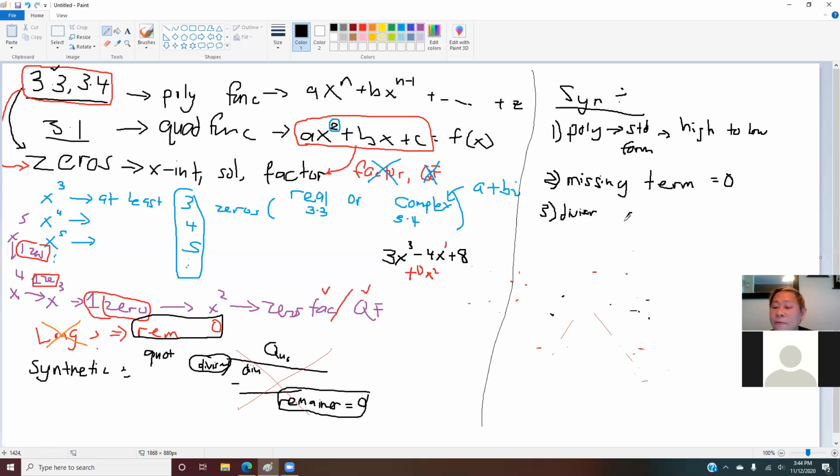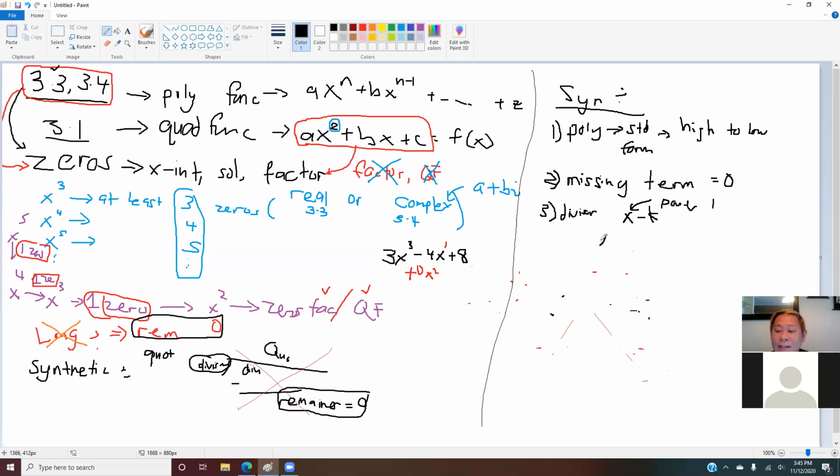And thirdly, your divisor can only take the form x minus k. That means this x has to be power 1. If you have x squared minus any number, or x cubed or something else for your divisor, then you cannot use synthetic division.